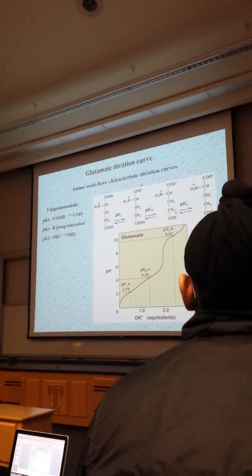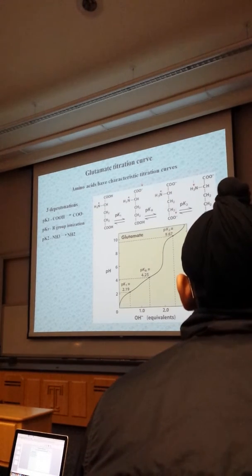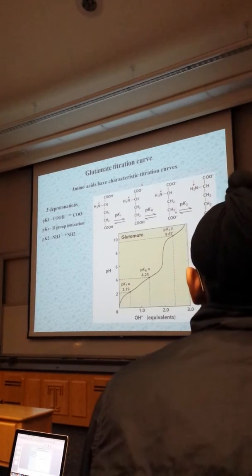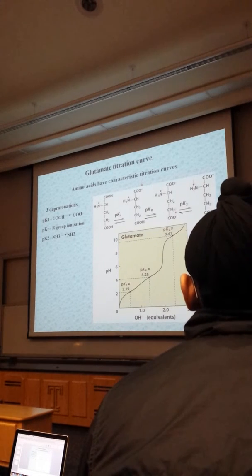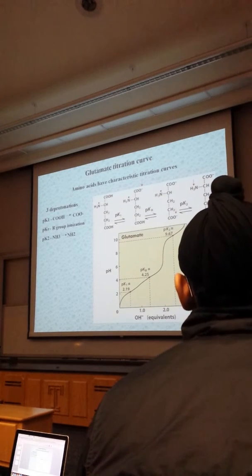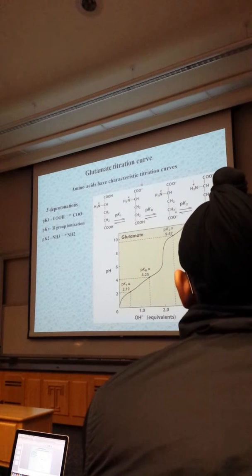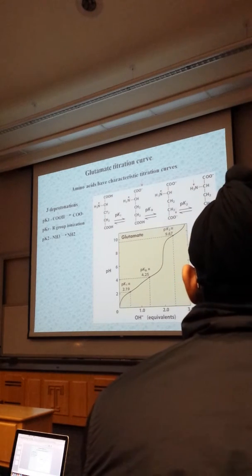What's interesting about glutamate is the R group actually contains a carboxylic acid, and so glutamate is considered an acidic amino acid, and it can actually undergo ionization. The first point where glutamate will undergo ionization in one of your cells is at the carboxylic acid, shown here. The next point where glutamate will undergo ionization is within its R group.